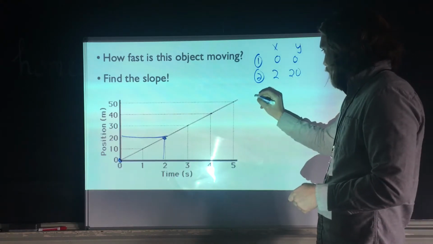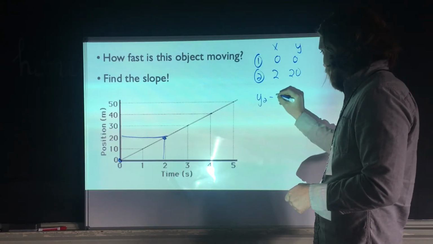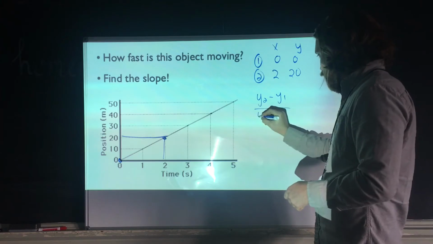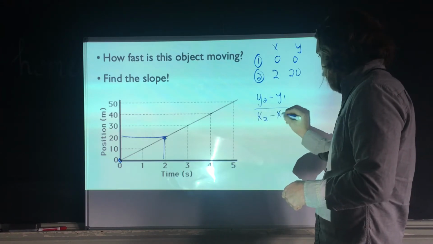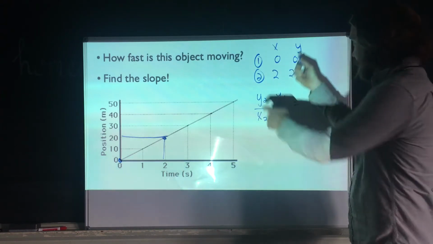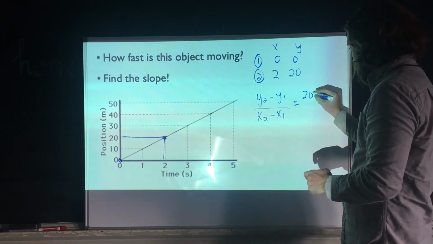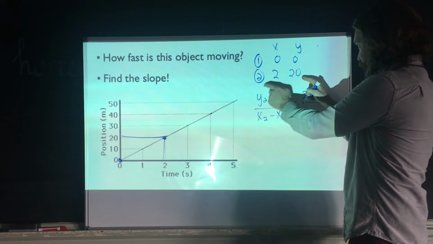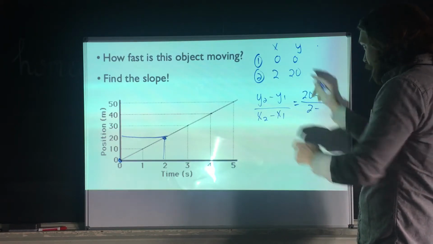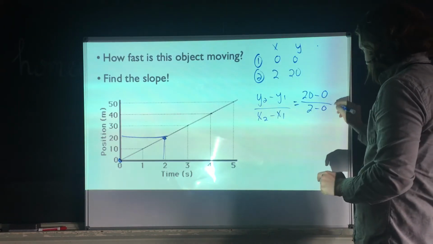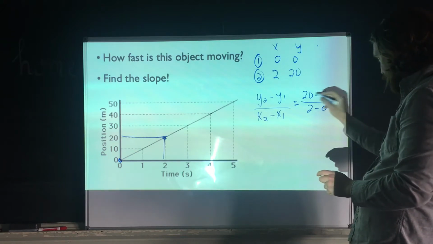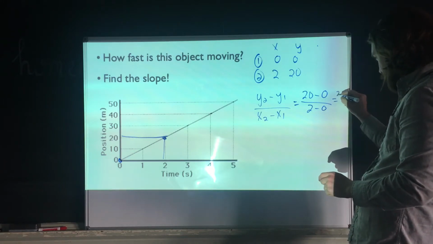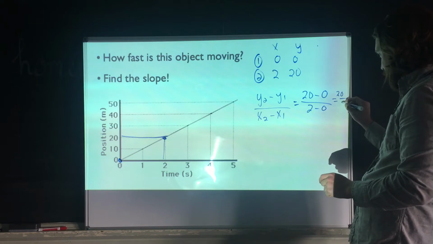So my slope always equals rise over run, y2 minus y1 over x2 minus x1. I plug my numbers in. Y2 is 20, minus y1 is 0, divided by x2 is 2, minus x1 is 0. And that gives me 20 minus 0, which is 20, divided by 2 minus 0, which is 2.